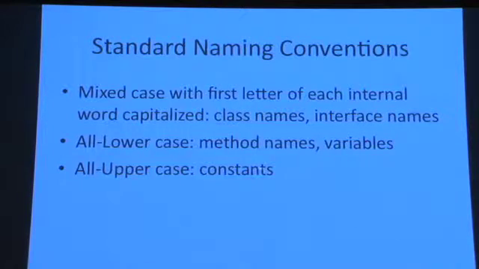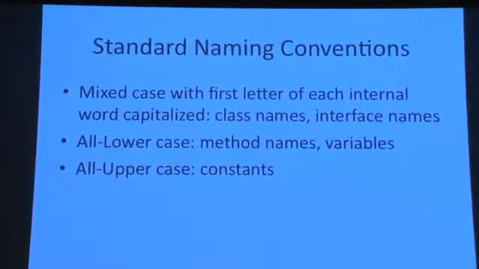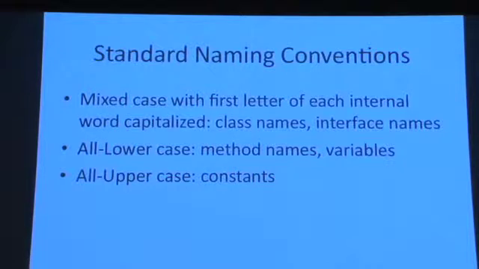And all lowercase method names and variables, so that includes things like the main method, or if we have another variable like int x, it won't be a capitalized X. And constants, which are like the max value of an integer, would be in all uppercase.